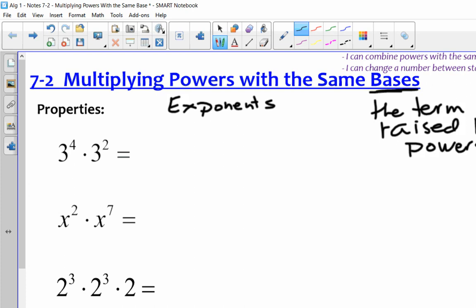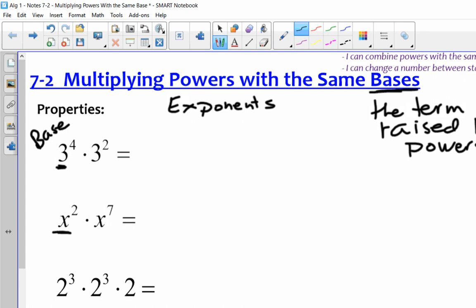So let's use this first example to look at what the definition is. This is a base. It's a 3 right now, but it changes. If you look down here at the next example, the base is an x, so it could be a variable, it could be a number, it could be positive, it could be negative.